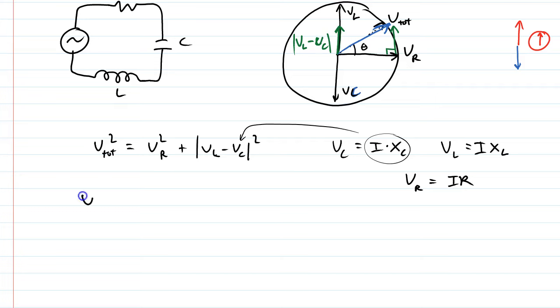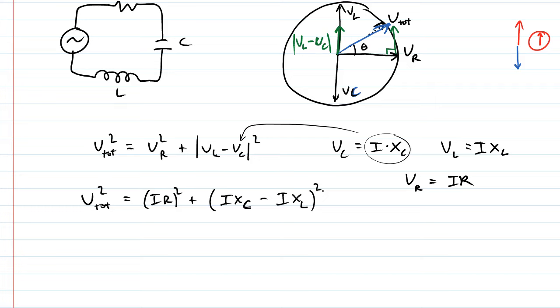Okay, so let's rewrite this. And then in here, we're going to have to substitute. I realize my C's and L's look very similar, so I'm trying to keep them clear here.